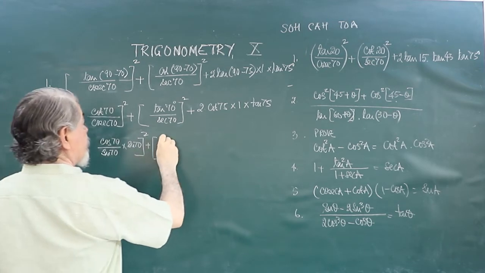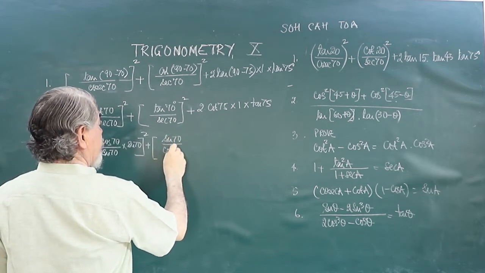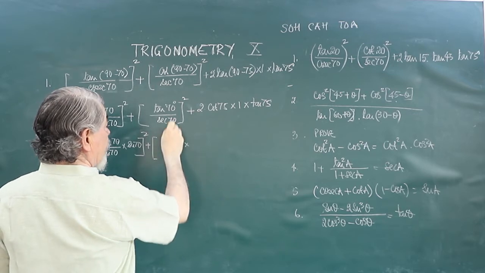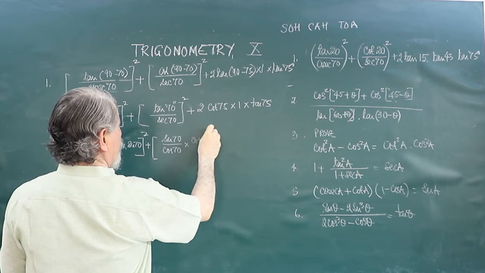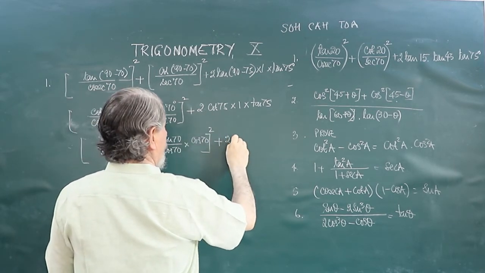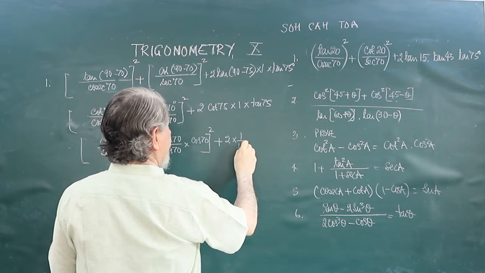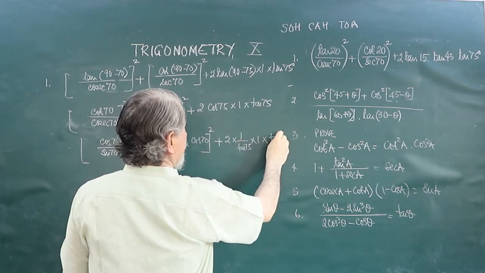Tan 70 will become sine 70 upon cos 70, and this will become 1 upon cos 70, so cos 70 will go up, whole square, plus 2 cot 75 into 1 into tan 75.